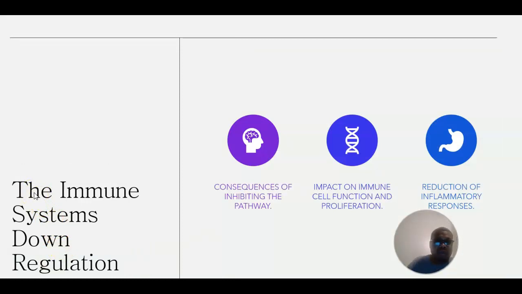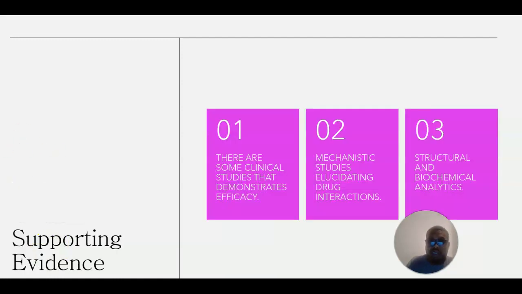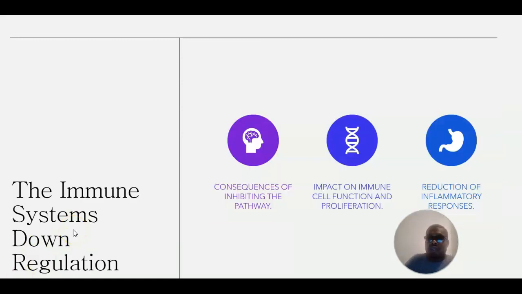Now we're going to talk about the immune system's downregulation, which is the consequence of inhibiting the pathway, with its impact on immune cell function and proliferation, and the reduction of inflammatory responses. So obviously, what happens when the enzyme is inhibited?